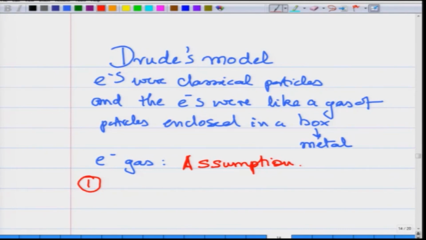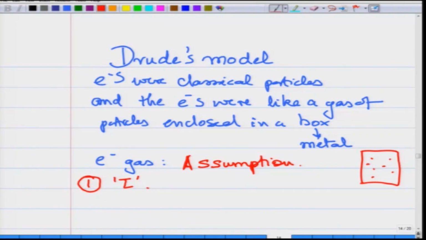The first assumption says that in this gas of electrons, you have a box in which you have these electrons. The picture is almost similar to that of kinetic theory of gases, but instead of atoms, now inside the metal you have a gas of electrons. And his first assumption was that these electrons encounter a collision typically after a time tau.